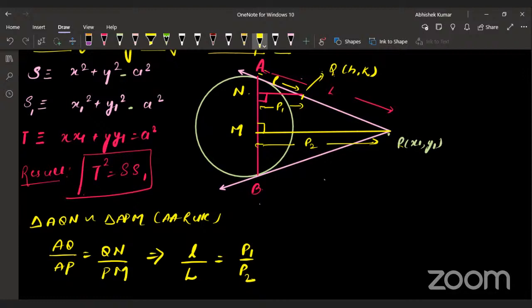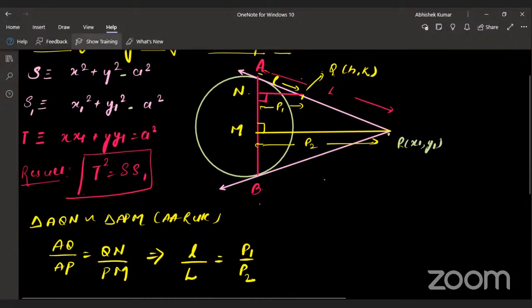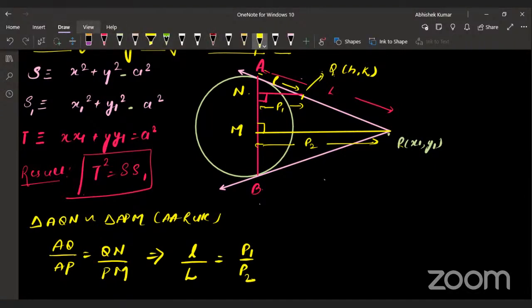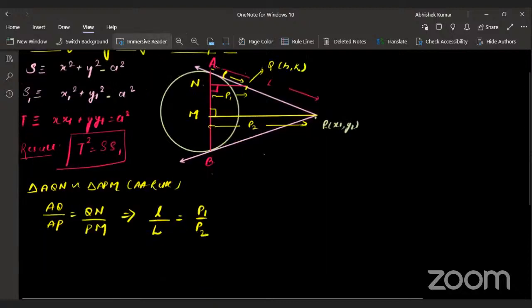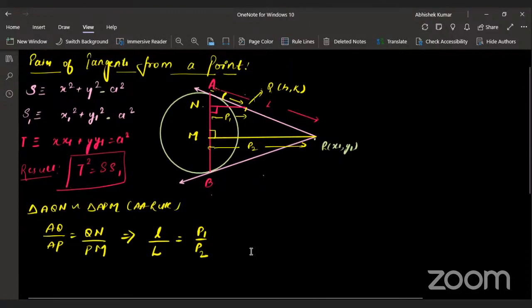Sir, can you repeat the question? What's the equation of AB? Let me ask in another way. What's the equation of AB, chord of contact?